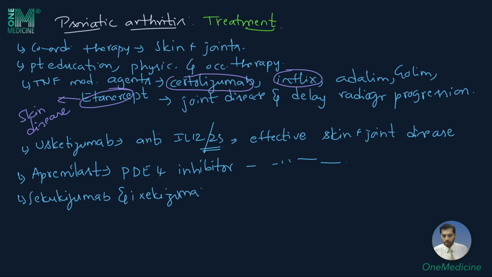Radiographs do not usually show any joint erosions or deformities, and in patients with axial involvement, this can always mimic ankylosing spondylitis with classical symmetric spondylitic lesions.